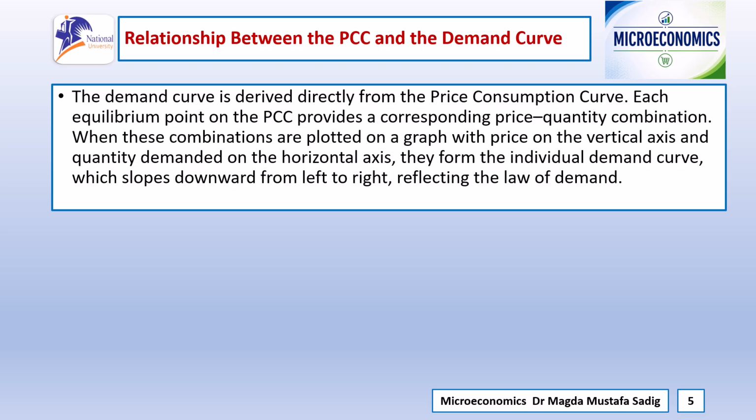Okay, from the PCC to the demand curve. Now let us connect these ideas. In the graph, the consumer spends a fixed income of $25 on cheese and biscuits. The price of biscuits remains constant, while the price of cheese changes.